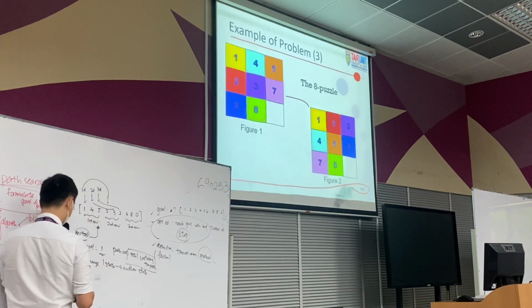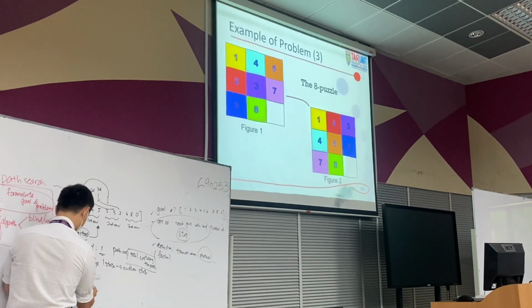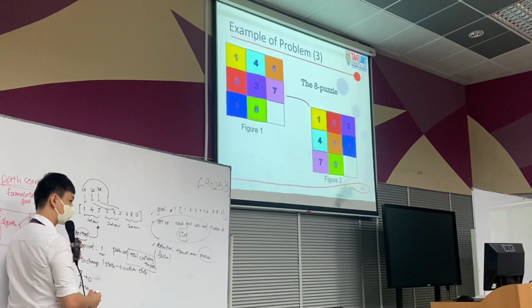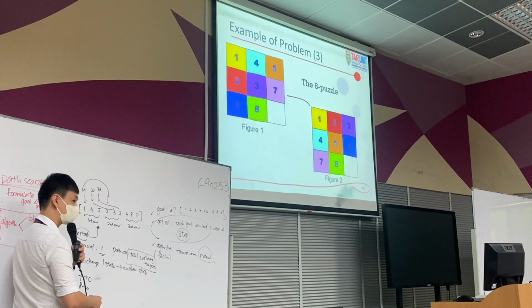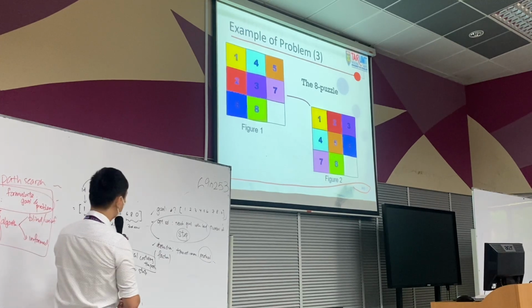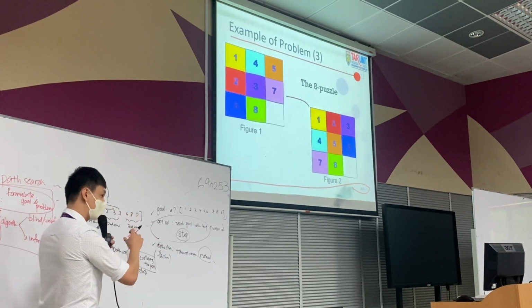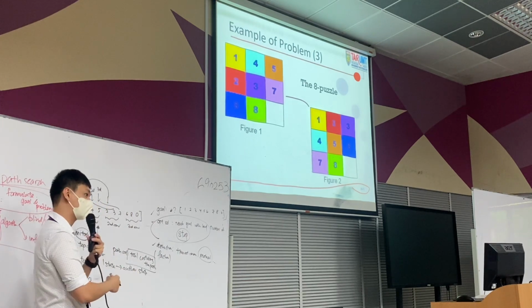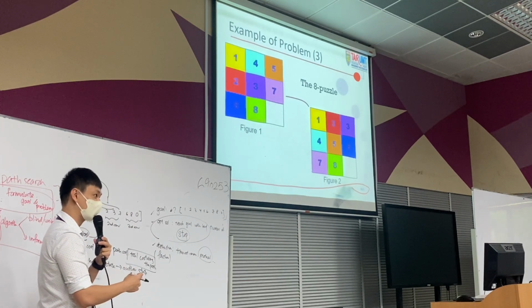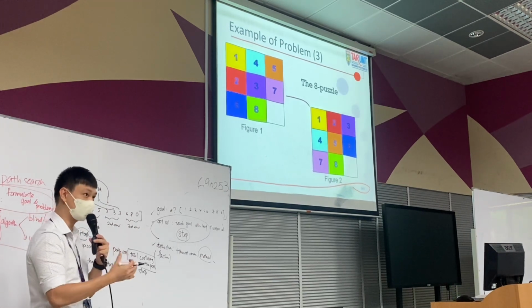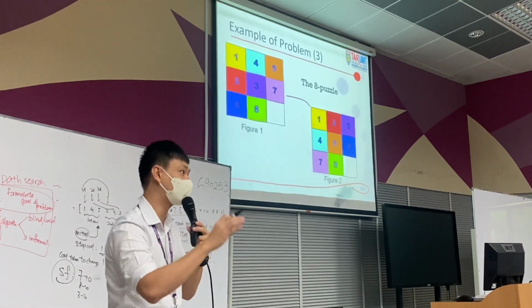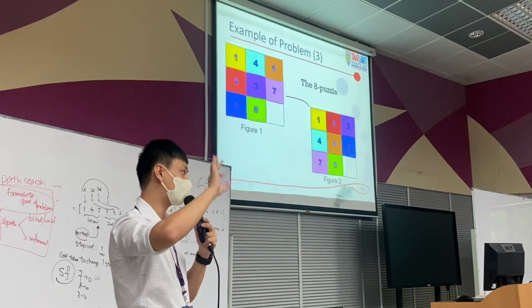What else? 8 to 0. 3 to 0. You don't look at the initial state. It's a possible movement. 3 can move to 0, right? But you don't look at the initial state. Successor function is all the possible movement change from one state to another state. It doesn't matter if it's from the initial state or any other state.